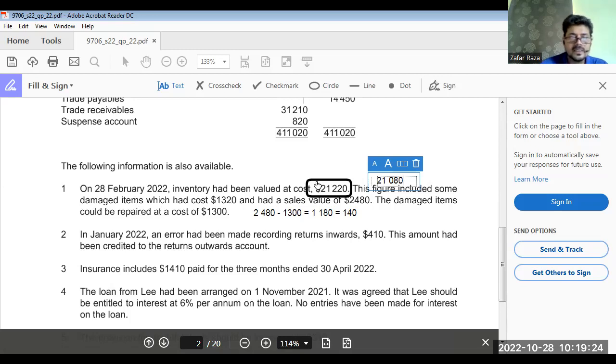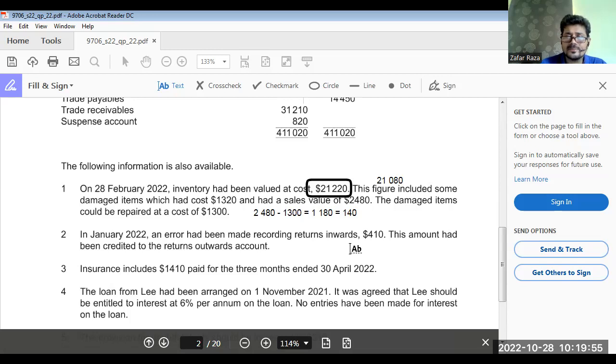Okay. Now come to the second adjustment. The second adjustment is about an error made in recording return inwards 410. This amount had been credited to return outwards. So we have to debit return inwards because it was not debited. We have to debit return outwards also because it was wrongly credited. Getting my point?